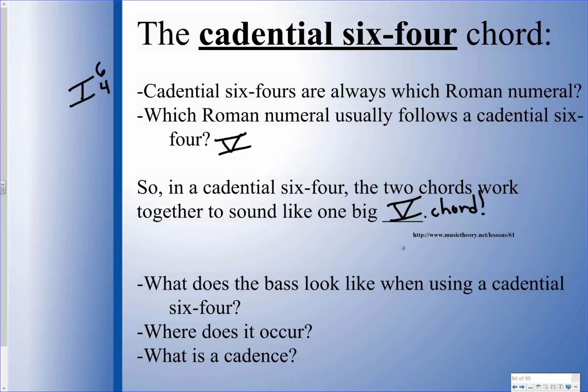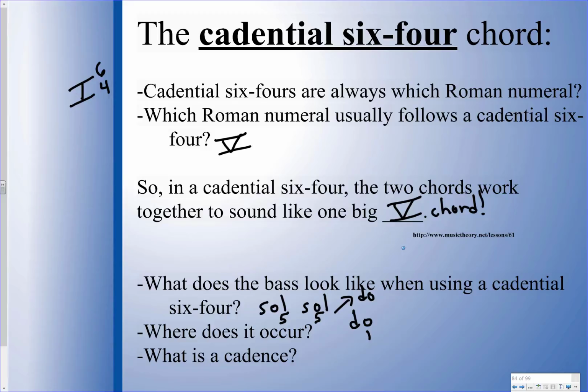What does the bass look like when using a cadential 6/4? Sol, sol, do, or high do. You hear that 5, 5, 1, back to root.